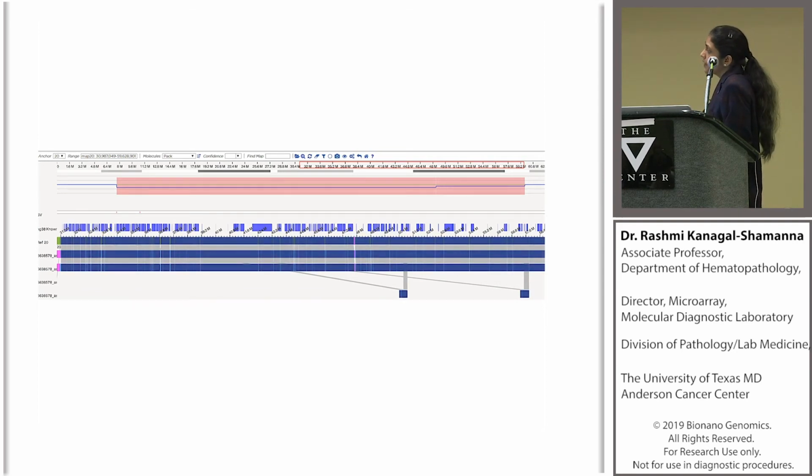Now this sort of heterogeneity in the population of neoplastic cells is pretty frequent in MDS and other hematologic malignancies. It's actually implicated that the clonal heterogeneity is responsible for resistance to treatment and potential relapse at a subsequent time point. So we were very happy that optical mapping was able to identify this heterogeneity in the neoplastic cell population.